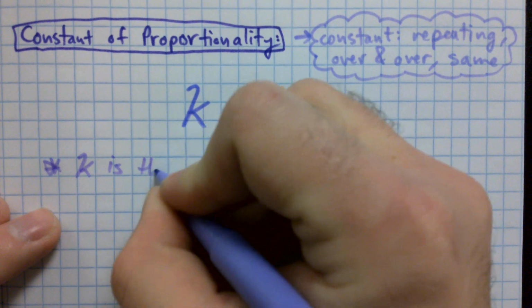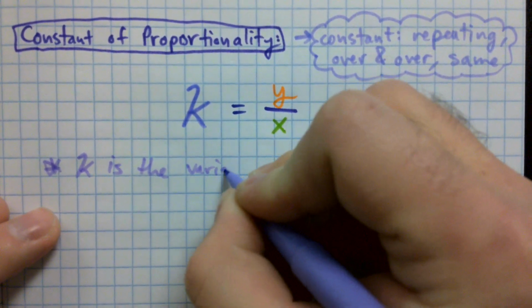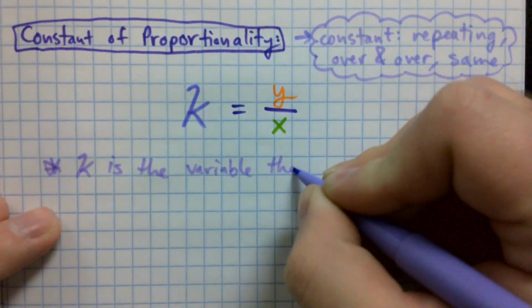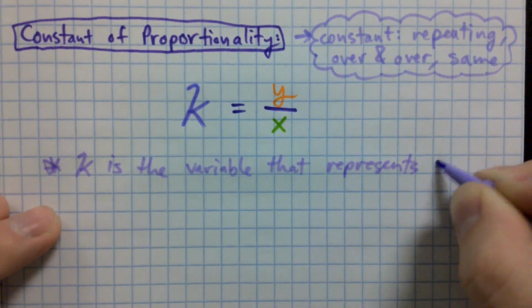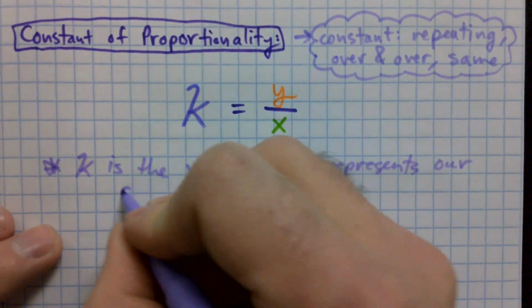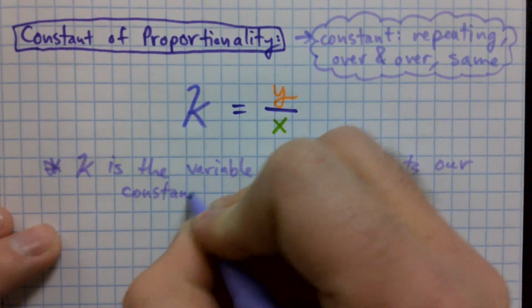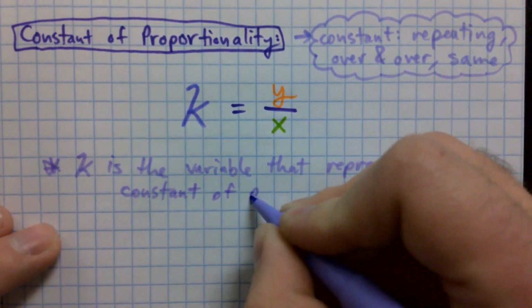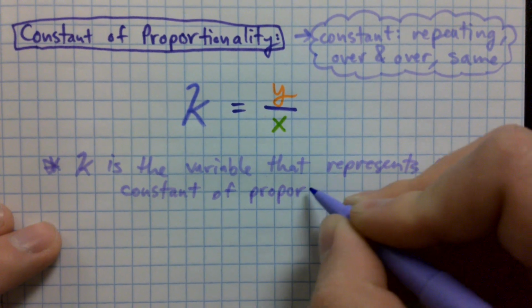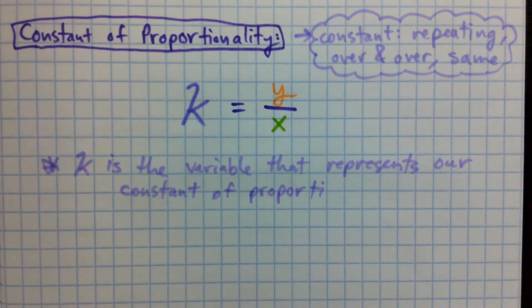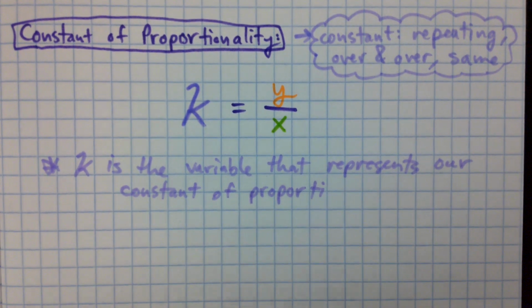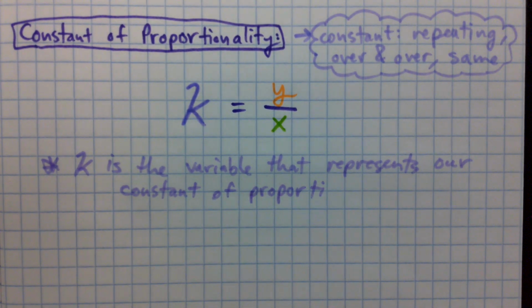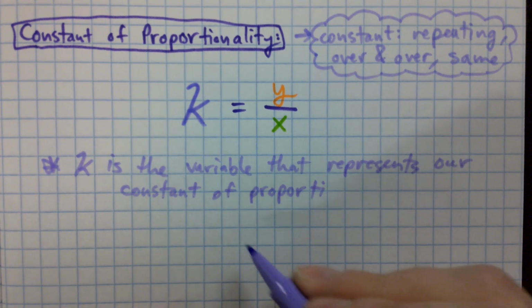K is the variable that represents our constant of proportionality. Constant of proportionality is a very long phrase to repeat over and over again, so we're just going to call it K. So if I say, let's find K, that means we're going to find the constant of proportionality.